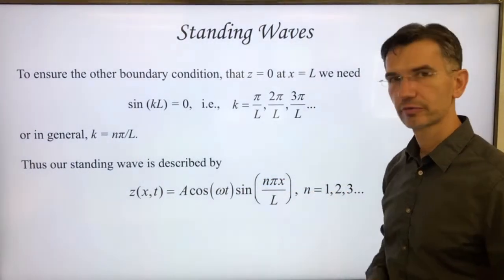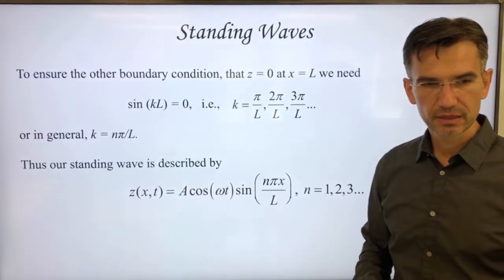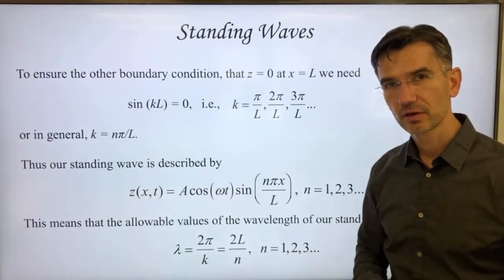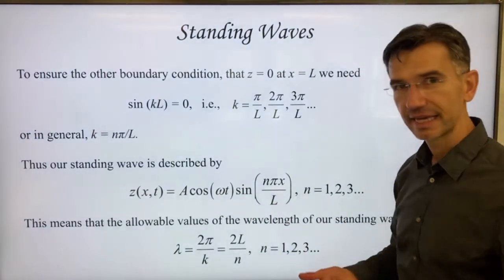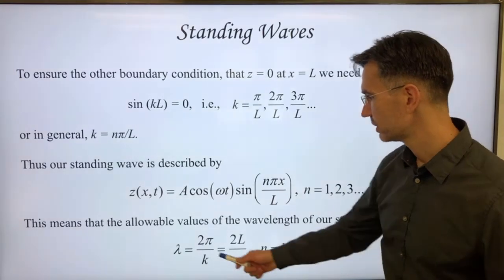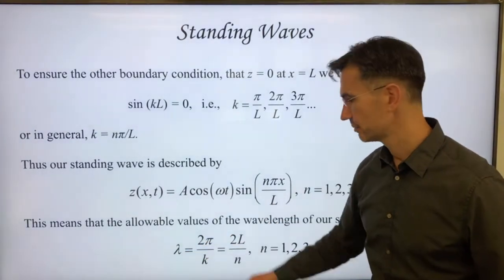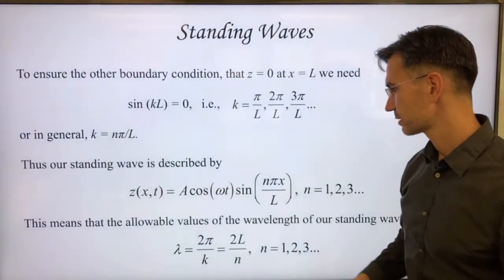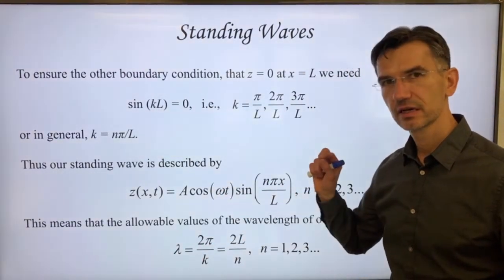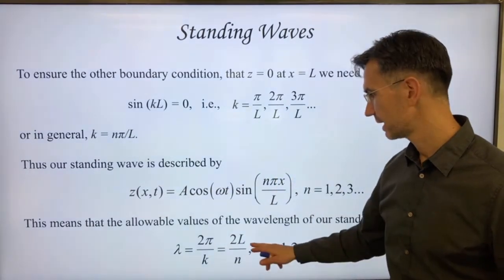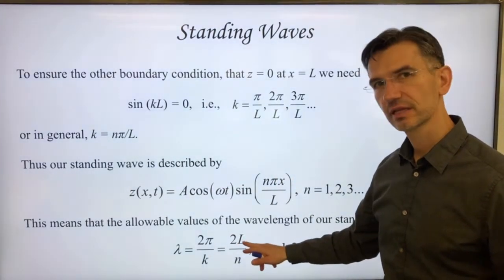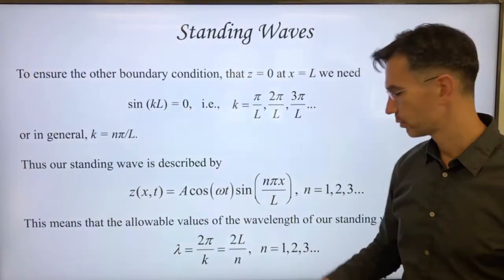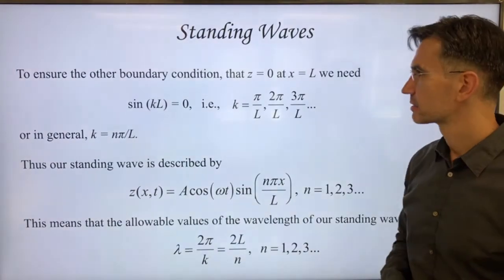So then this means that the allowable values of the wavelength of a standing wave on a string, with wavelength lambda being 2 pi over k, where k is now n pi over L, are only certain values. They correspond to twice the string length over n, and n has to be 1, 2, 3, and so forth. So here's what this looks like.